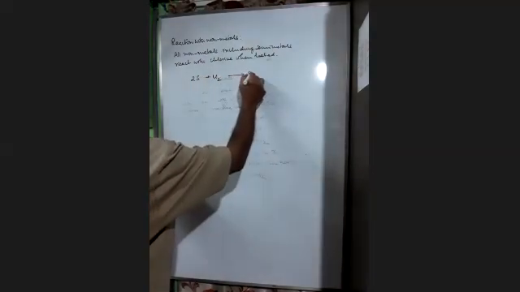Okay, so let me write here 2S plus Cl2, you get S2Cl2. Please remember, dear, this is called sulfur monochloride.